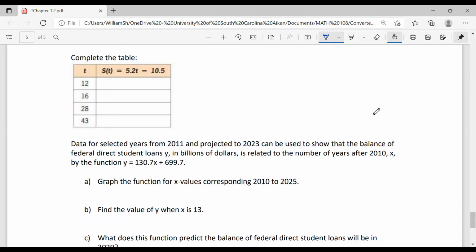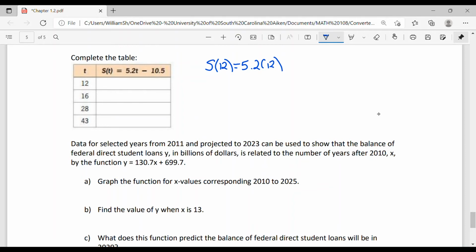Alright, now our next question here says complete the table. And it says t, and it gives you some t values, and it says s of t, and it gives you s of t equals 5.2t minus 10.5. Now, you can do this one several ways. You can do it by hand, which means you'll take s of t, and you'll use 12 for t, and everywhere you see a t in this function, you'll plug that 12 in.